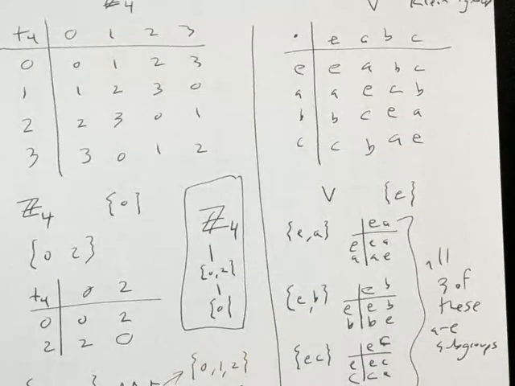Leave out C. If I leave out C, I've got E and A and B. What's AB? Crap. So if I leave out C, then it's not closed. What about B? Then I've got A and B. What's AC?